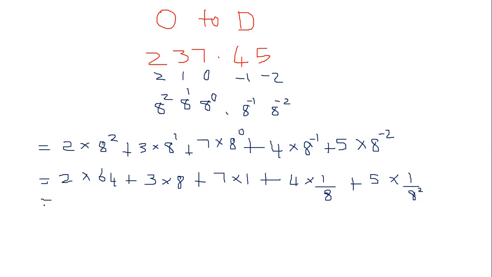Once again, when you keep solving, 2 into 64 will be 128, plus 3 8s are 24, plus 7 1s are 7, plus 4 into 1 by 8 is, this will go 2 times, so 1 by 2 is going to be 0.5.